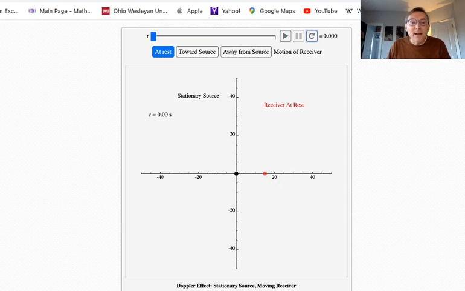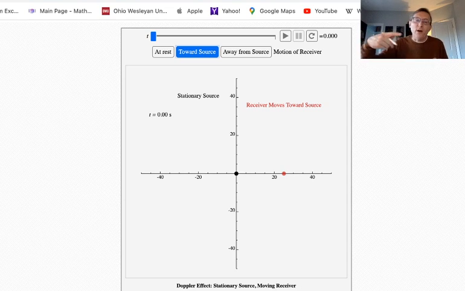All right. Now I'm going to click this button that says toward source. And now when I run the animation, the source will be at rest relative to the medium, but the receiver or the detector will move towards the source. That would mean to our left. I'll do the pinging game first, and the rate of my pinging when a wavefront impinges on the receiver will be the new frequency received.